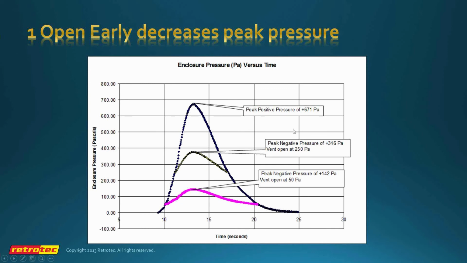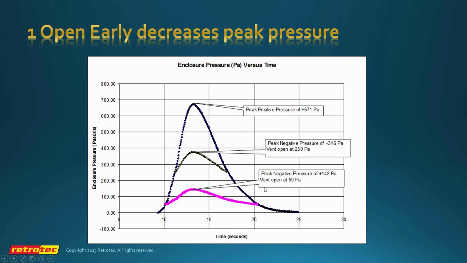graph showing what happens if we relieve pressure at 50 pascals, 250 pascals, or in this case we've got no pressure relief at all. So here our pressure relief vent is opening at 250. It starts to open here, and it causes a bit of overshoot to occur.